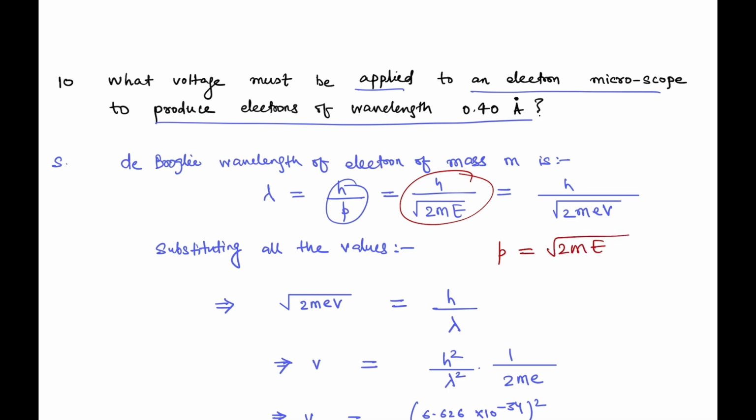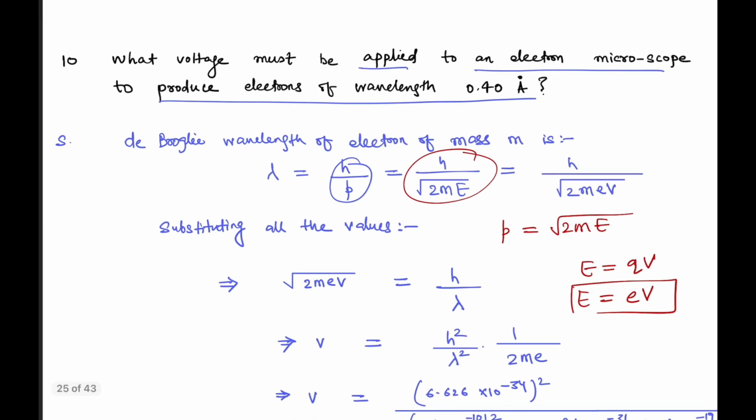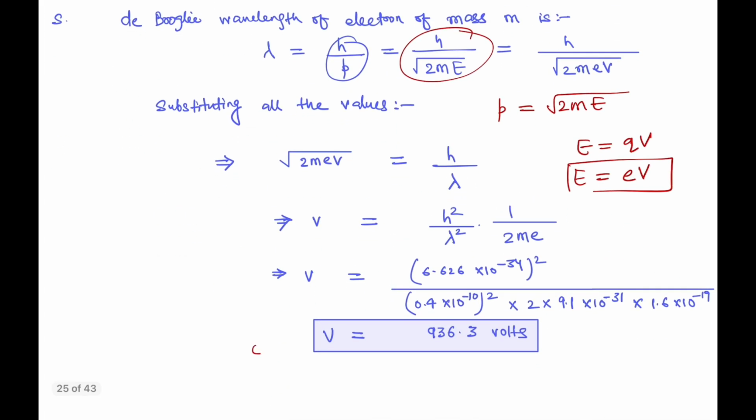And energy is actually charge multiplied by voltage, that is E is equal to charge multiplied by voltage, and charge is here e and V is voltage, so energy is eV. So with such a thing you can get the voltage formula pretty easily just by using your calculator.